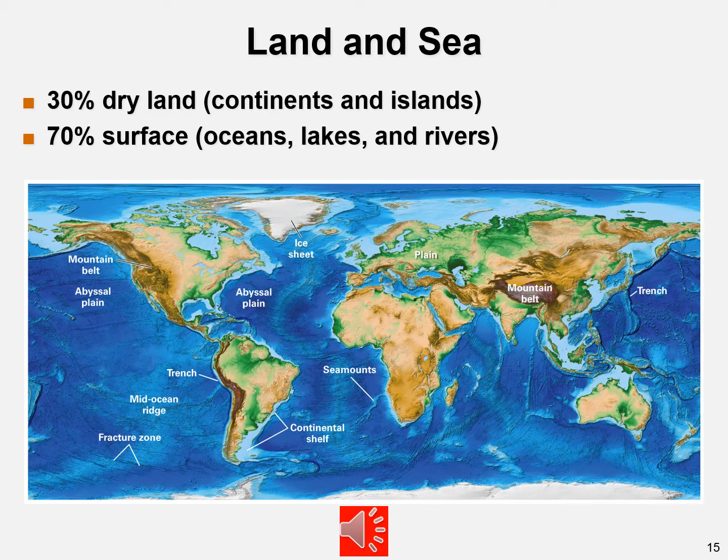The Earth's total relief, from the floor of the deepest trench to the peak of the highest mountain, is 19.8 kilometers, and that is only 0.3% of the Earth's radius of 6,371 kilometers. The Earth is really a very smooth ball.